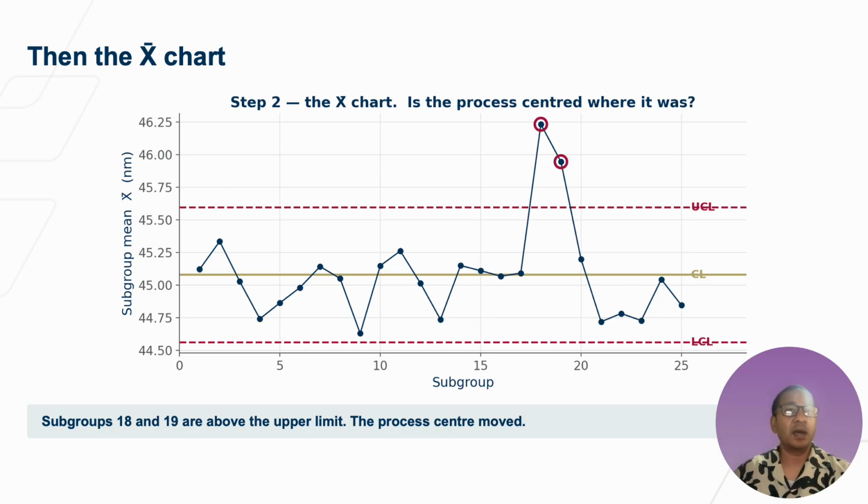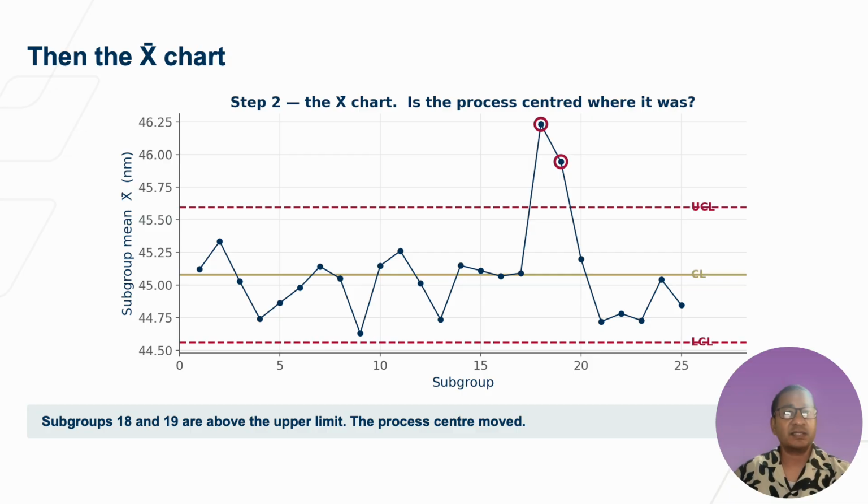Now, and only now, the X bar chart. Subgroups 18 and 19 sit above the upper control limit, so the process center moved, and it moved for at least 2 consecutive lots, which makes measurement error unlikely. Look at the size. It's about 1 nanometer on a chart whose limits are about half a nanometer wide.